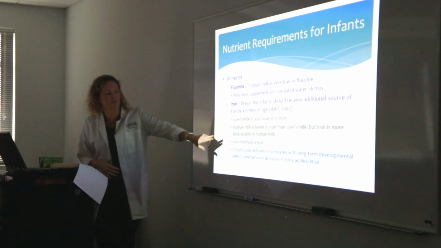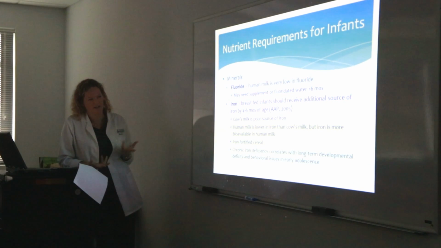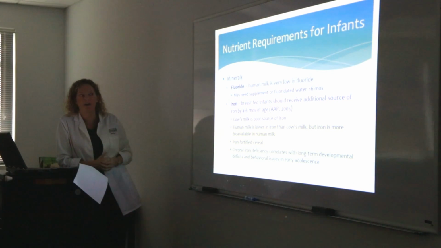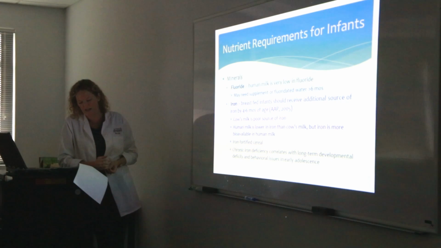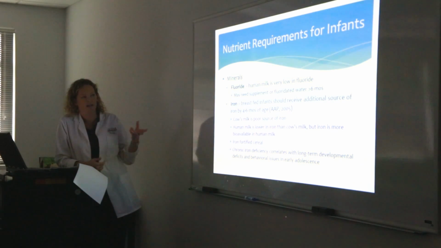So they're going to get the iron fortified cereal at 4 to 6 months. And studies show us that chronic iron deficiency correlates with long-term developmental deficits and behavioral issues in early adolescence. So we want to make sure they're getting enough iron, whether it's through a supplement, something like a Poly-Vi-Sol vitamin supplement, or they're getting that cereal.